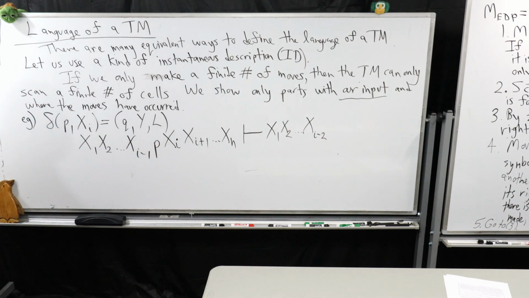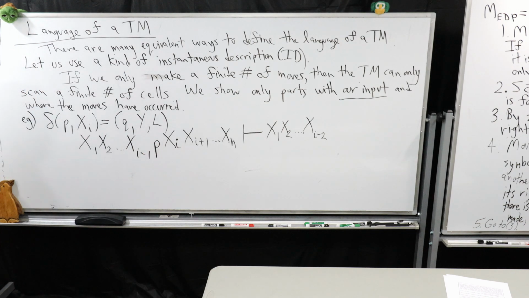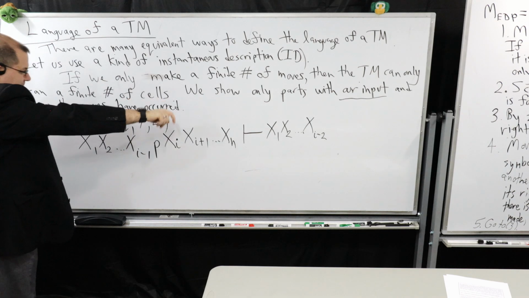It is always drawn to the left of the symbol being read, so just keep that in mind. If you see a P right here before the symbol on the tape, that just means the machine is currently in that state, and the read head is in fact pointing right here.